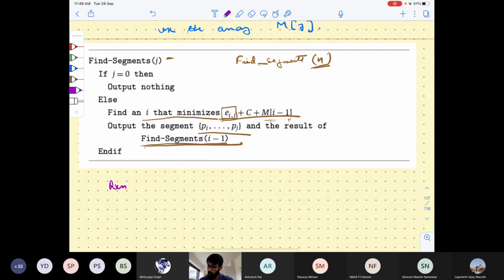So suppose again you have this e_ij's. e_ij and m are computed. Then how much time will this take? So how many recursive calls?